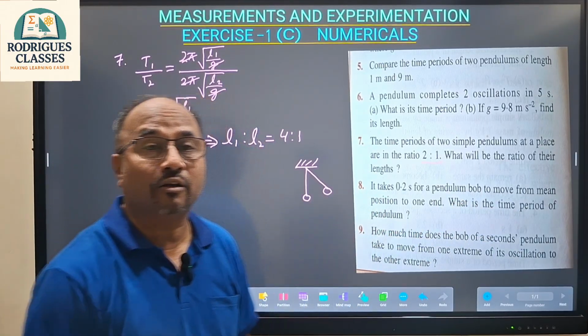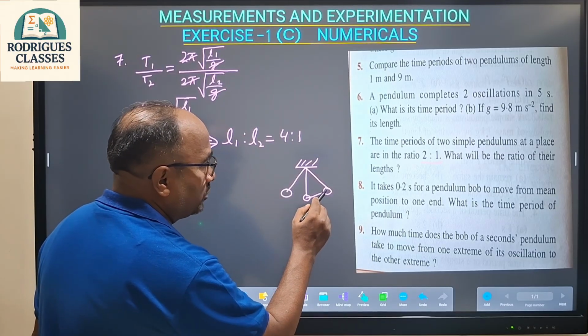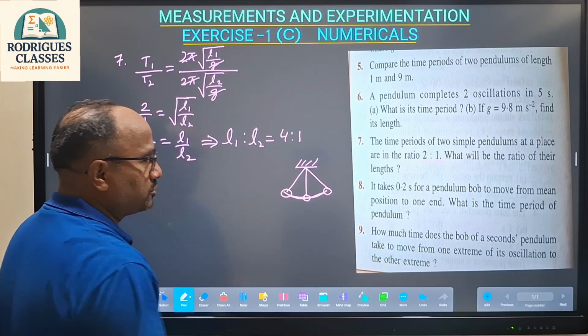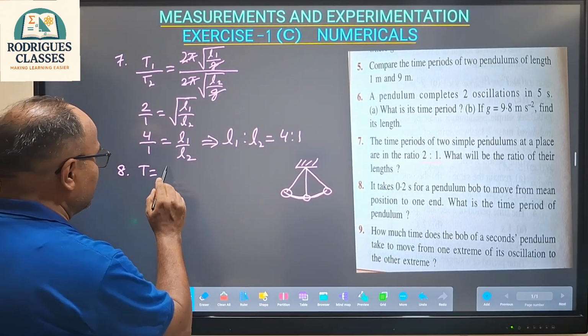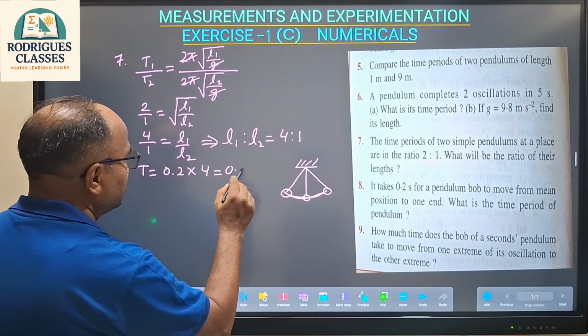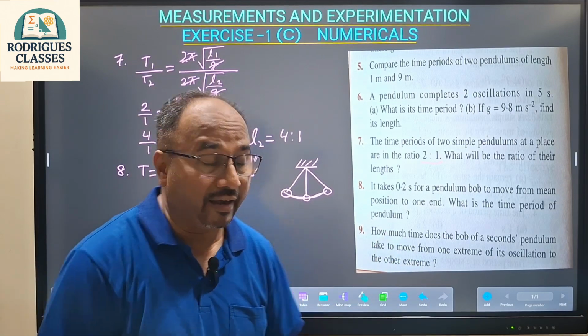What is the time period of the pendulum? So if I draw the other end also, from here to here is 0.2, again 0.2, third 0.2 and fourth 0.2. So you can simply write here time period is equals to 0.2 into 4, which gives you 0.8 seconds. So a very easy sum being given at the end.